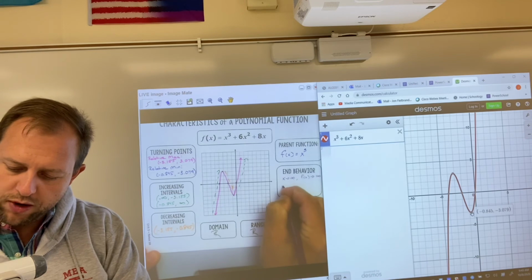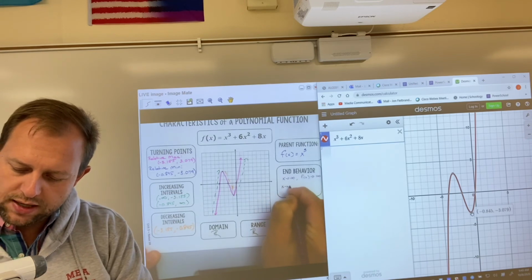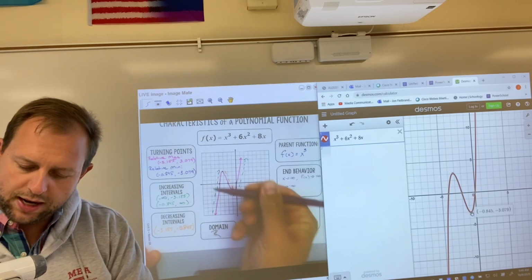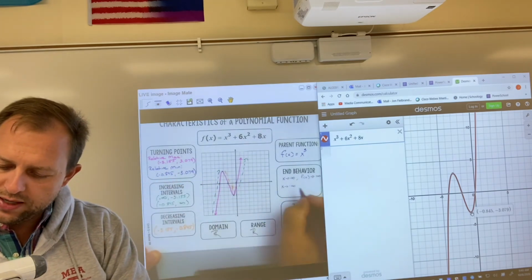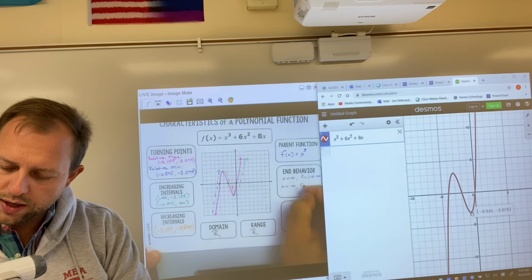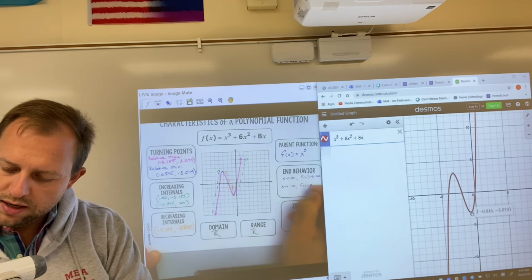In the opposite direction, as x is heading towards negative infinity, so we're heading backwards on the graph, our y value is heading down, so it is heading towards negative infinity.